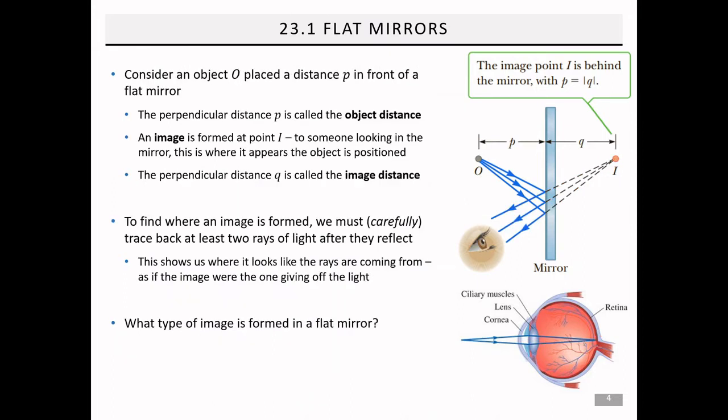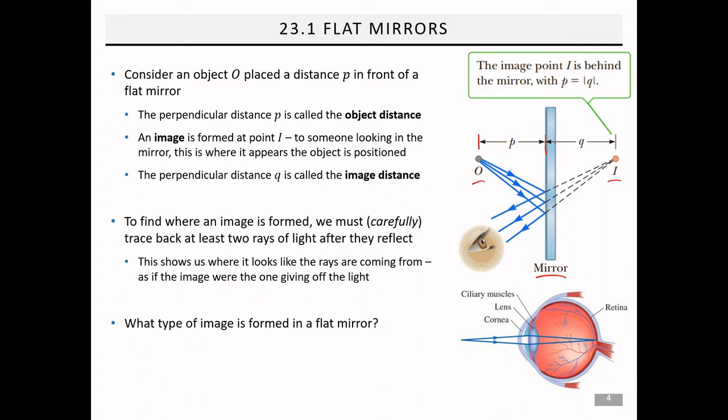In the figure on the right, there are three important bits. There is the object, there is the mirror, and then there's the image location. This is the location where you would think the object is located if you were looking in the mirror. We defined the distance from the object to the mirror as p, the object distance.